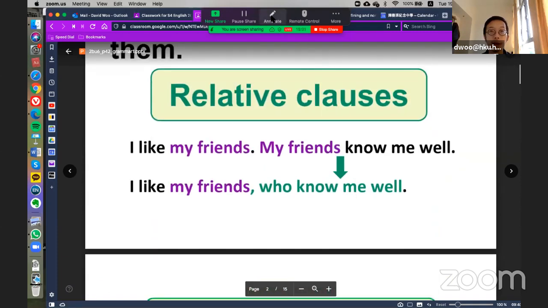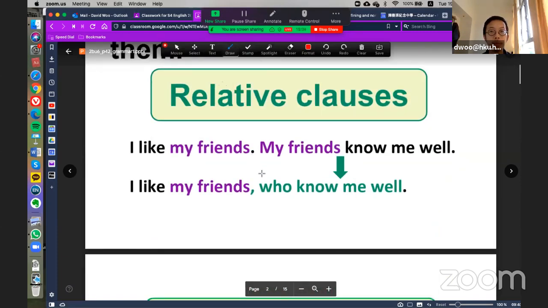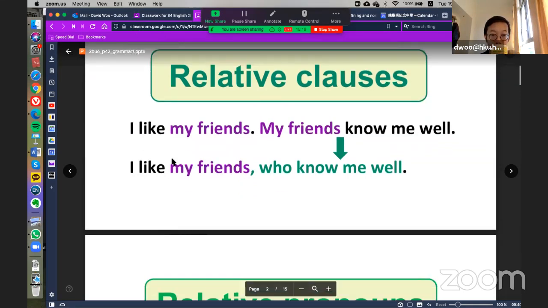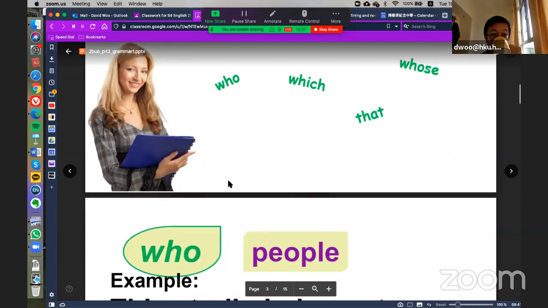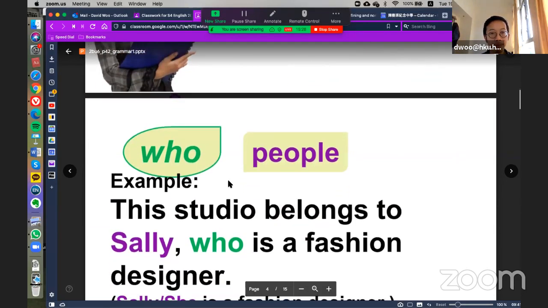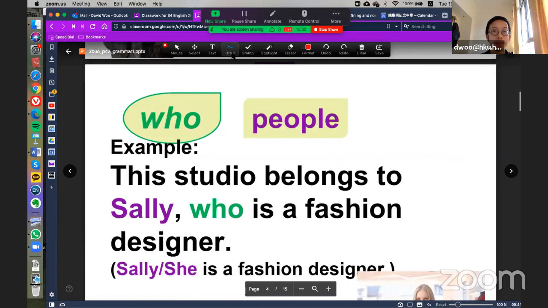So for example, in this sentence, we use who to take the place of my friends. And as we said in last lesson, who refers to people. Friends are people, so we can use who. So you just have to memorize that. Who is a relative pronoun for people.